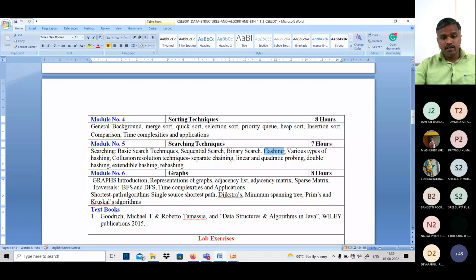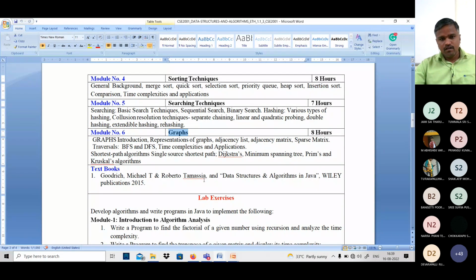Then the sixth one, one more nonlinear data structure, graph. This is also used to access the data easily, using BFS, breadth first search, and DFS, depth first search. The second half is finding the shortest path.